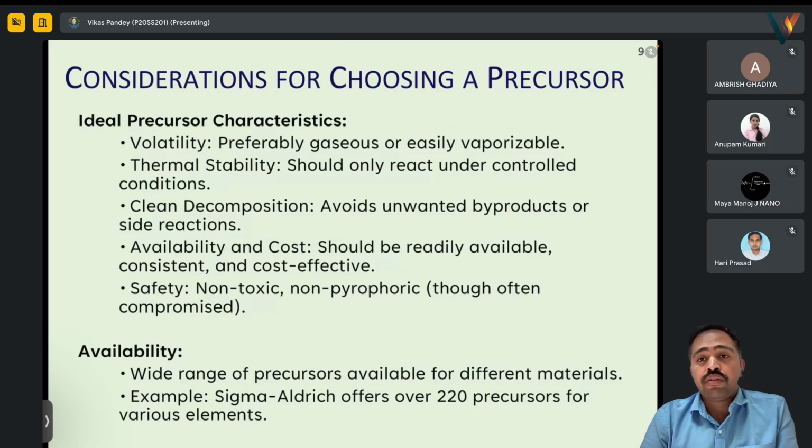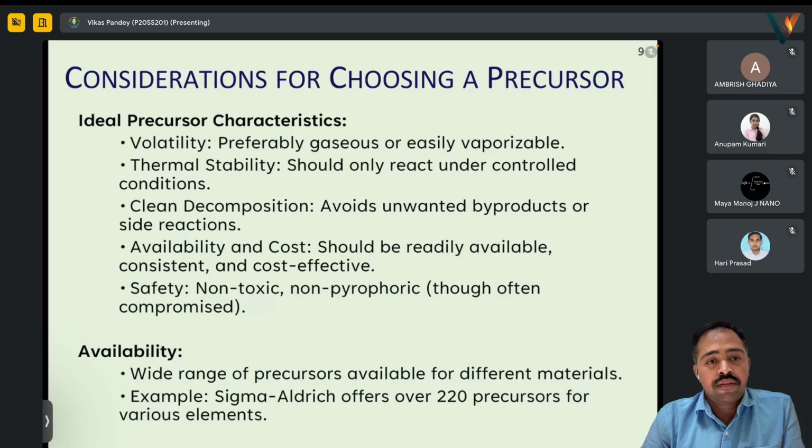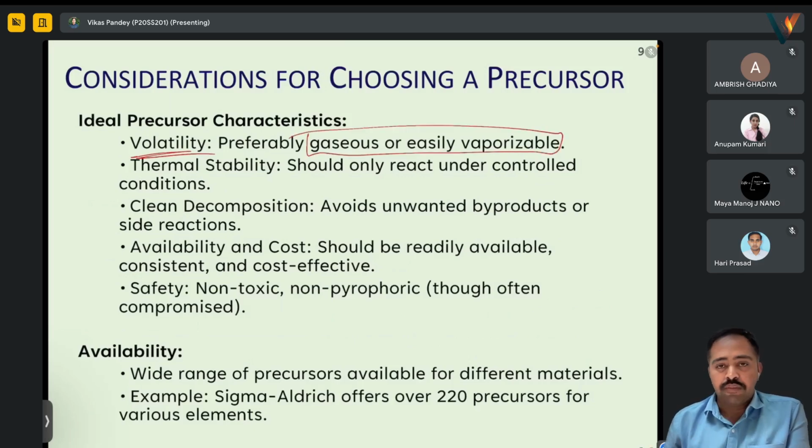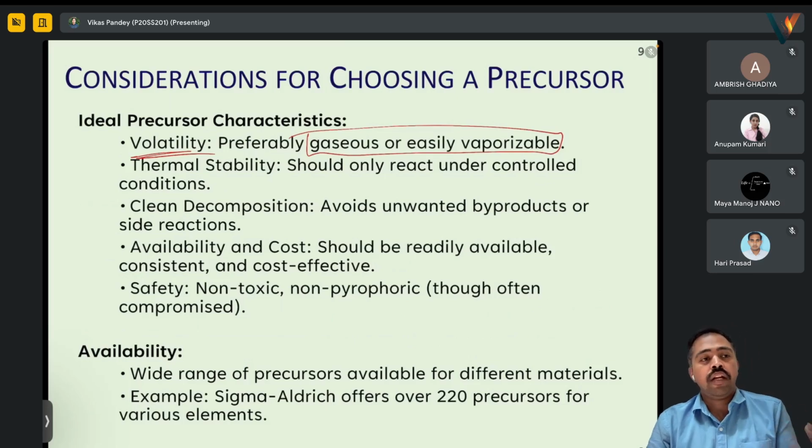Now, the most important thing is the precursor. What are the considerations? First one is volatility, that is, preferably gaseous or easily vaporizable. It should not remain solid at the temperature we want.